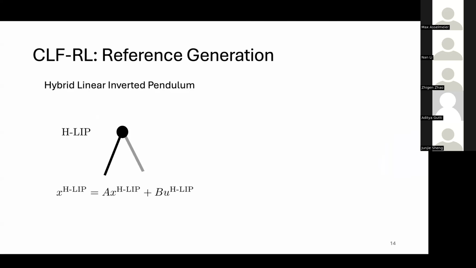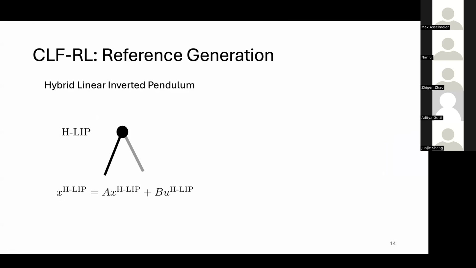One of them is the hybrid linear inverted pendulum, which is HLIP. It's the classic linear inverted pendulum, but it accounts for the switching of the legs, so you can get nice steady state motions. This is nice because you get a linear map, and this allows us to generate the reference online, I'll say, but really it's during training.